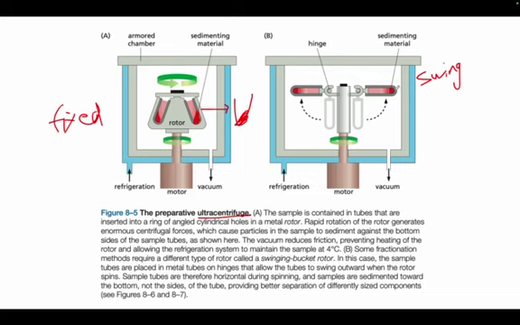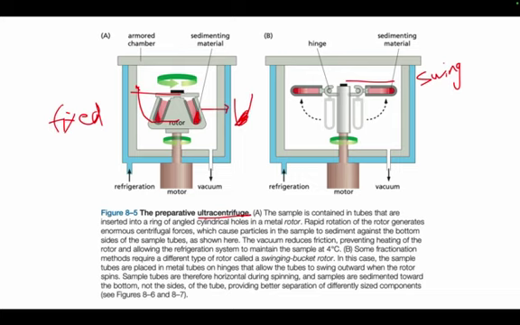What you can see is that because of this, the radius of the rotor has increased, right? Here the radius of the rotor is this much. But because this has been allowed to come all the way out over here, the radius of the rotor has increased. So the amount of centrifugal force that is going to be applied is more in this swinging bucket rotor.